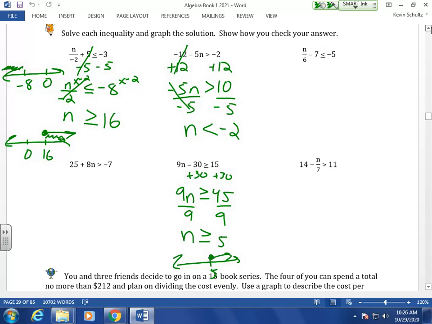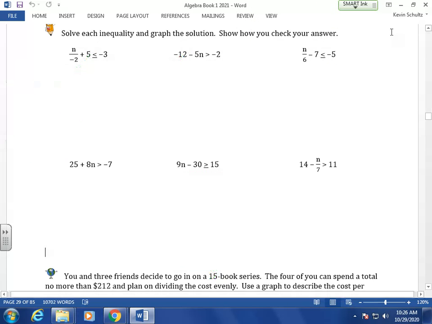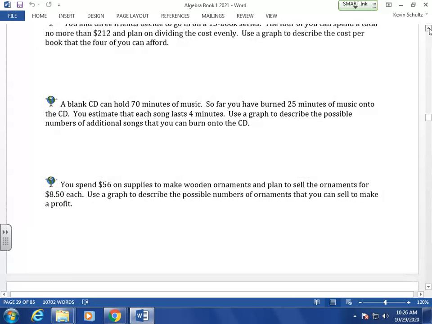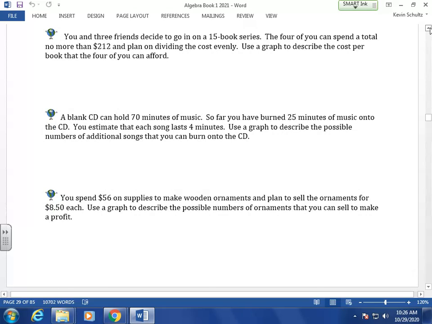Okay, so just very quickly, these word problems down here. The first one: you and 3 friends decide to go in on a 15-book series. The 4 of you can spend a total of no more than $212 and plan on dividing the cost evenly. Use a graph to describe the cost per book the 4 of you can afford.